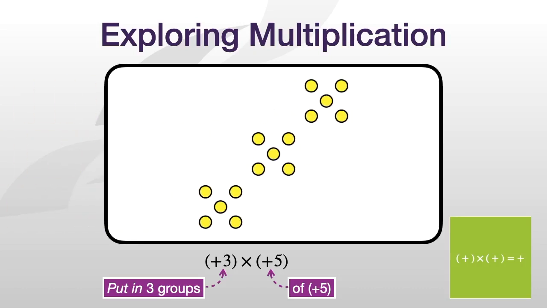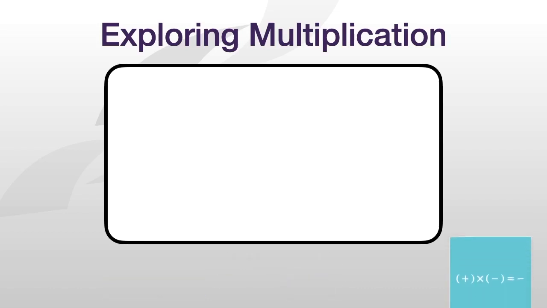The 15 yellow counters in the rectangle represent positive 15, confirming that the product of two positive integers is positive. Similarly, positive 3 times negative 5 tells us to put 3 groups of 5 red tiles into the rectangle.